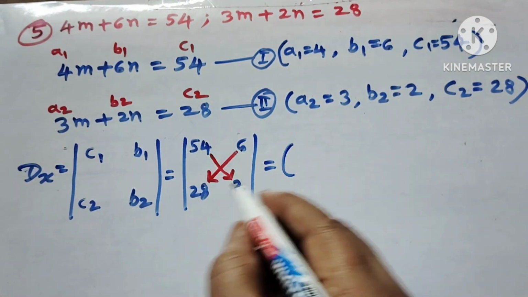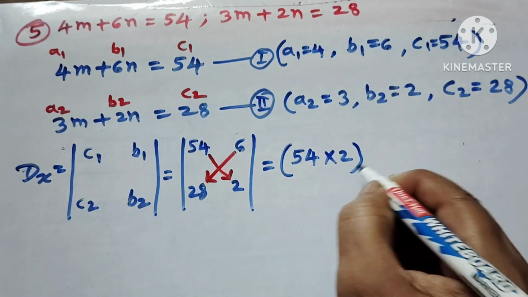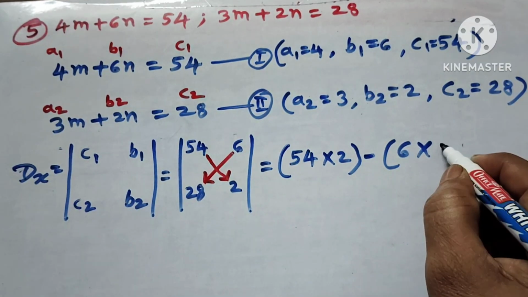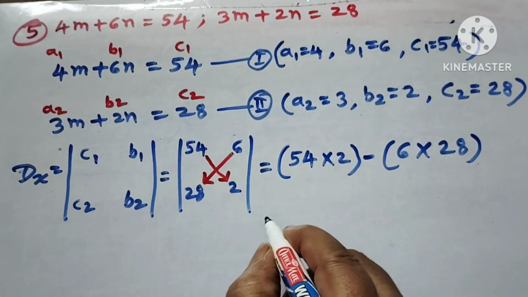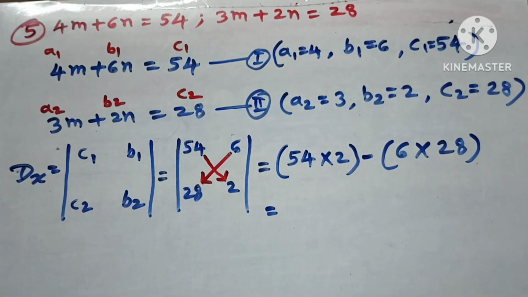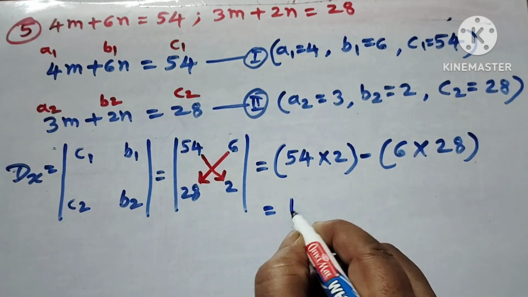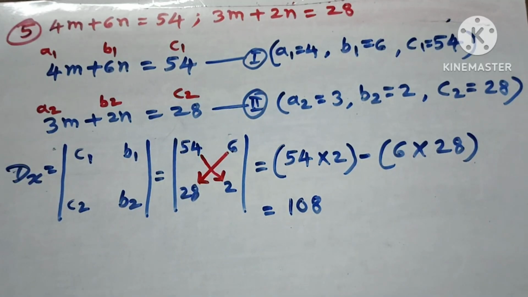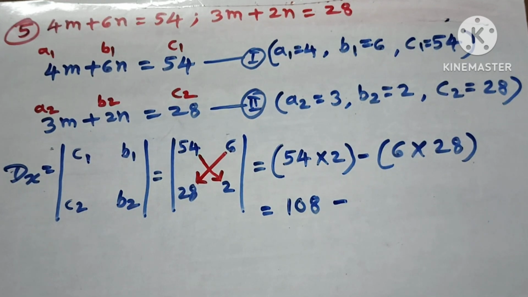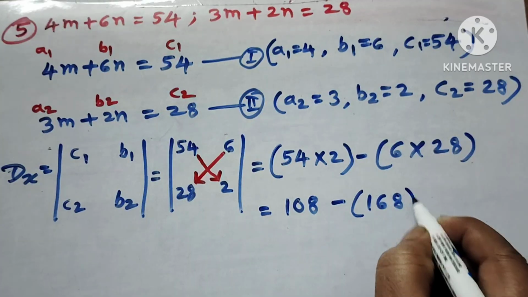In bracket 54 into 2 minus in bracket 6 into 28 is equal to 54 multiplied by 2, 108, 108 minus, multiplication, 168.